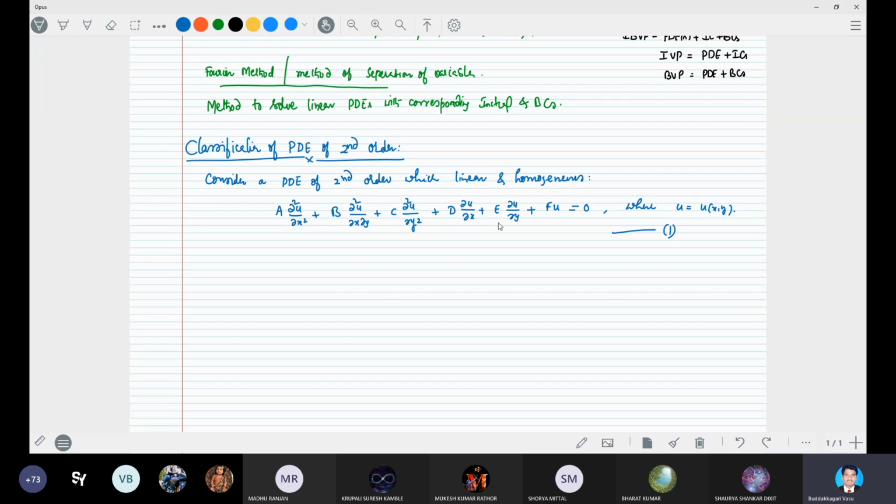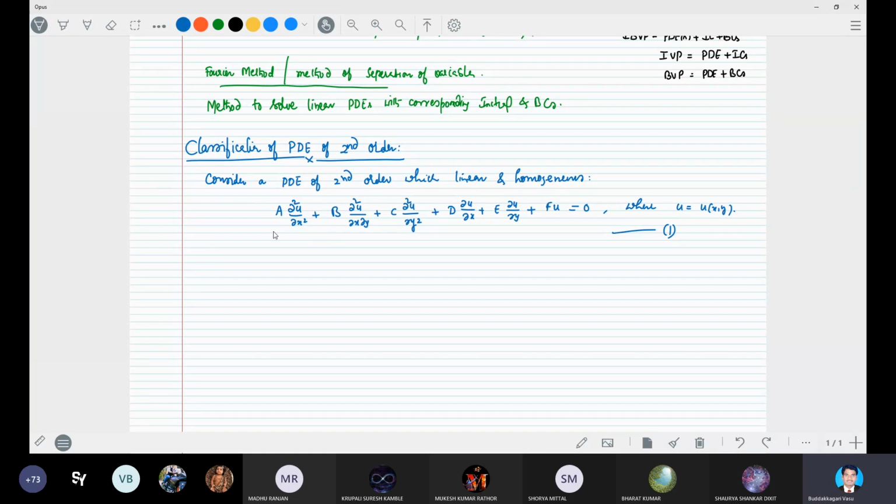So here there is no role of the first order derivatives. This is homogeneous of order 2. It is linear homogeneous of order 2. Second order equation.